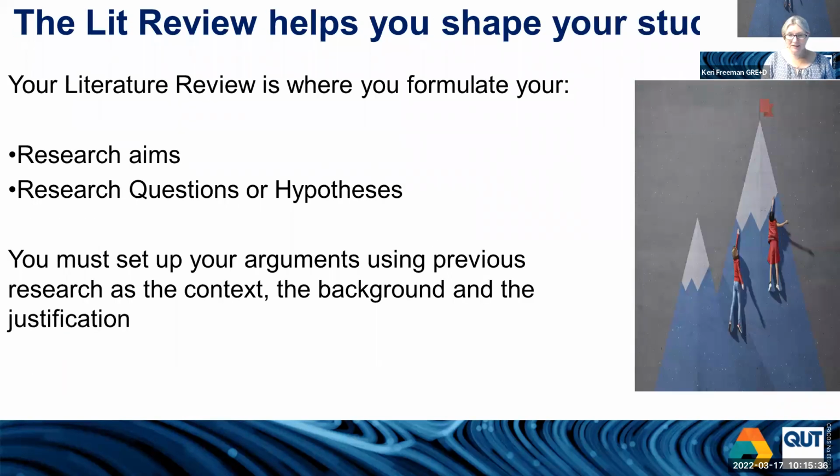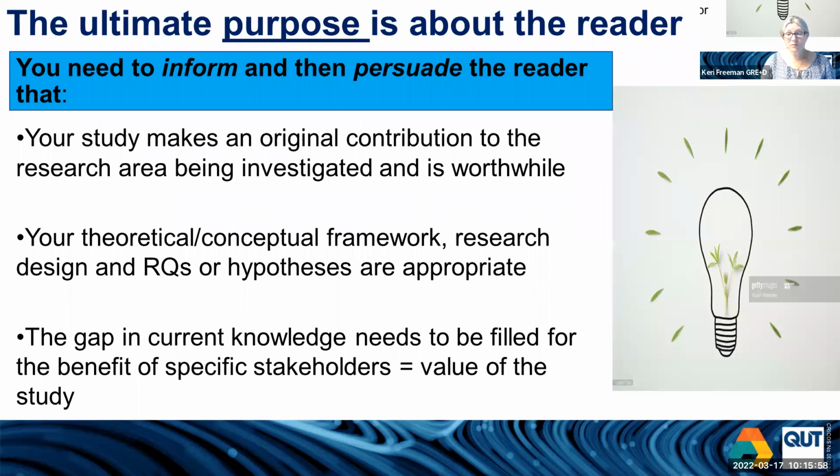So as I said, initially it's about you, helping you shape your study. Where are you going? What do you need to do? Your lit review is where you formulate your aims, your research questions, your hypotheses, and you're setting up all your arguments and looking at the background as well. But the ultimate purpose, as always with all of your documents, is about the reader.